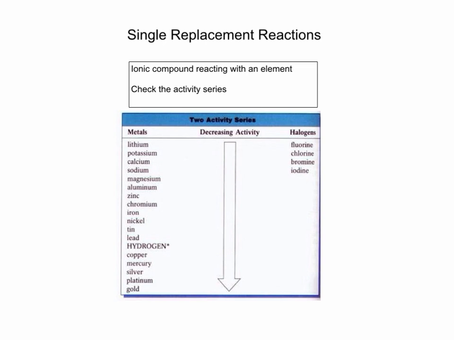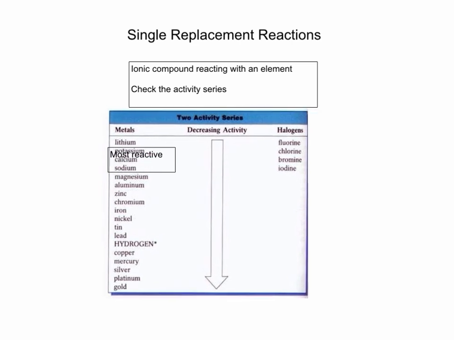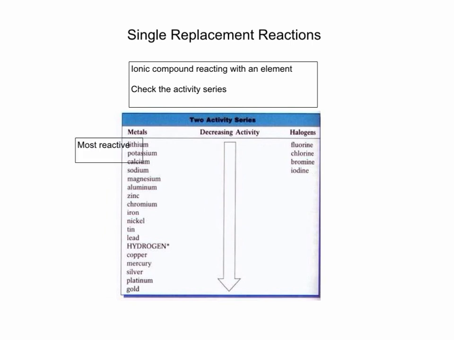So this is an activity series, from oosites.com. We have two series: the metal activity series, and the halogens or nonmetal activity series. The way we use this is that things at the top of the chart are the most reactive. So lithium is the most reactive of the metals.